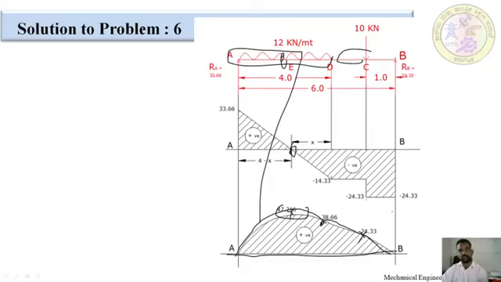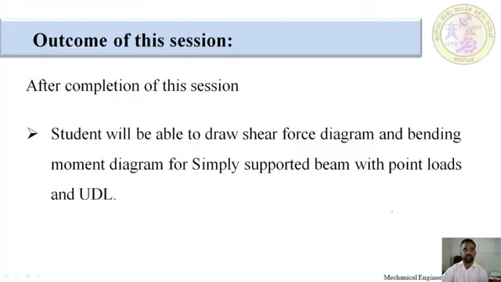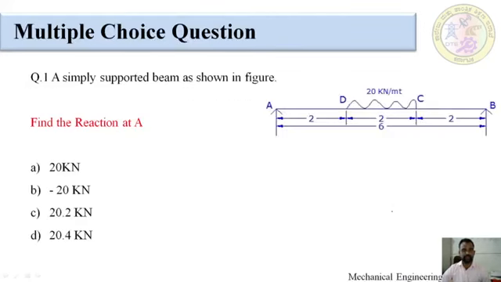Next we will move to the outcome of this session. After completing this session, the students will be able to draw the shear force diagram and bending moment diagram for a simply supported beam with point loads and UDL. Next slide, we have multiple choice questions.